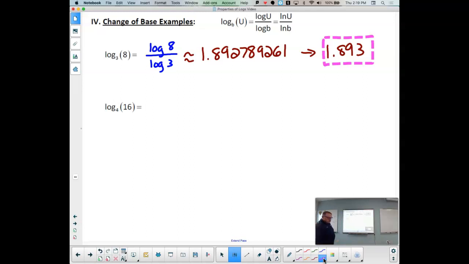Okay? And that would work also if I did natural log of 8 divided by the natural log of 3. I would get the exact same thing. Okay?